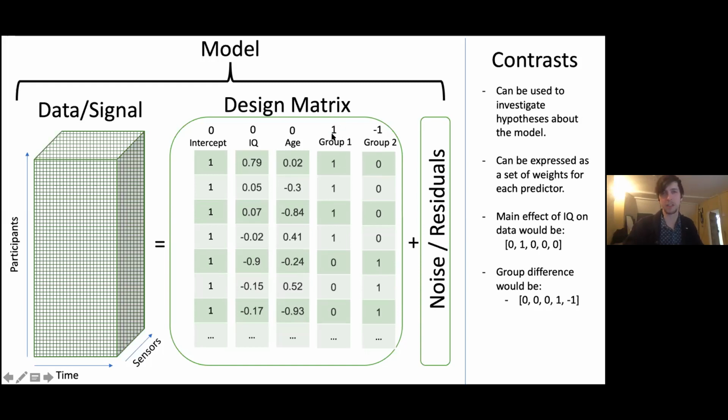By having this as positive and this as minus, you're basically looking at the hypothesis that group 1 will have a greater effect than group 2. And so you can flip this round if you're looking at the opposite hypothesis. And as I said earlier, the zeros in this case lead to us adjusting for the other predictors. So you're looking at the effect of that thing after accounting for everything else.